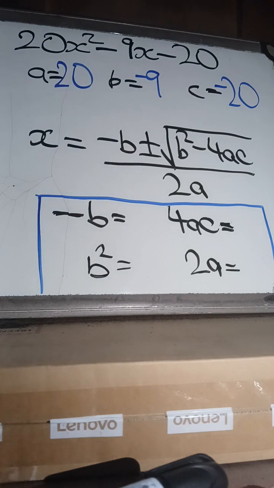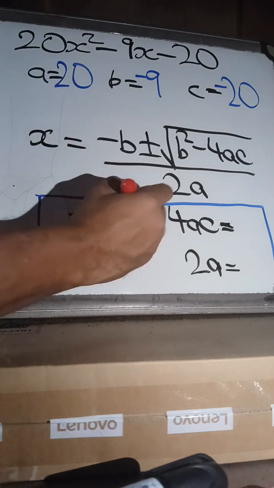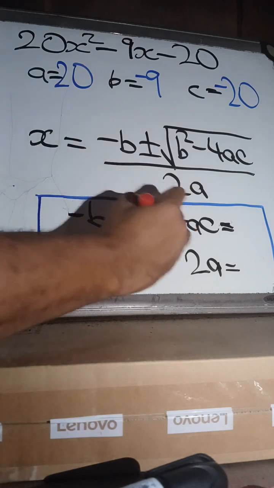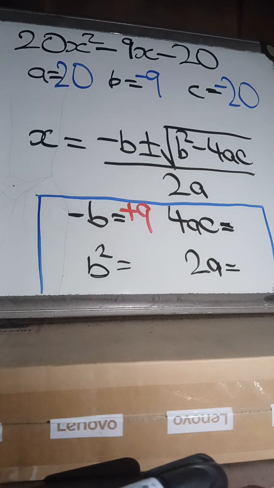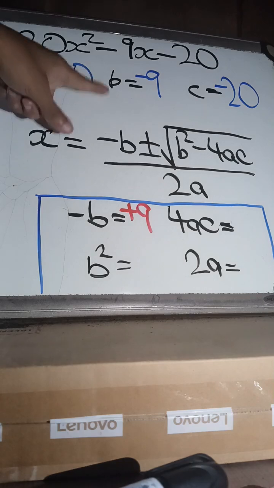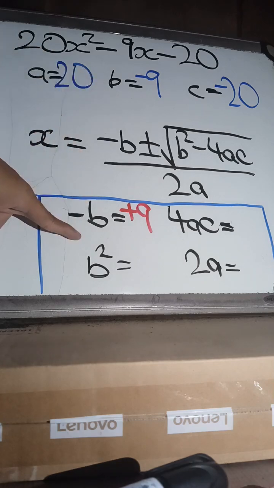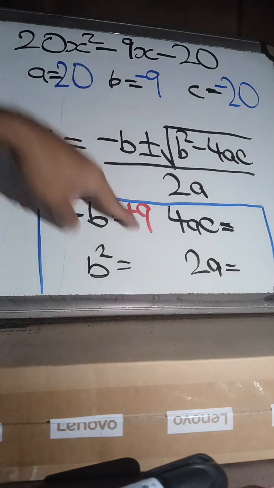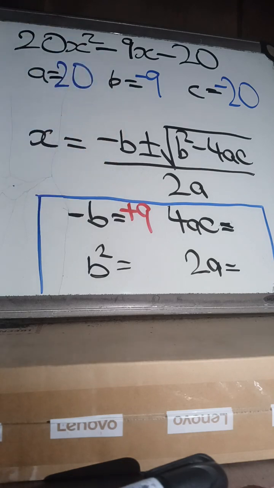Now if B is minus 9, then minus B is going to be positive 9. So might as well just do that. Now you can do the multiplication if you want, but you still get the same thing, because this is B times 1, this is B times minus 1. Minus 1 times that gives you the plus 9.